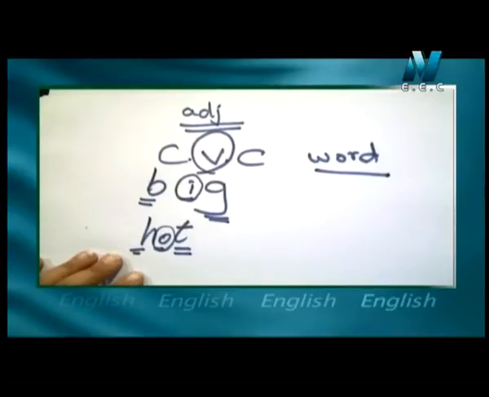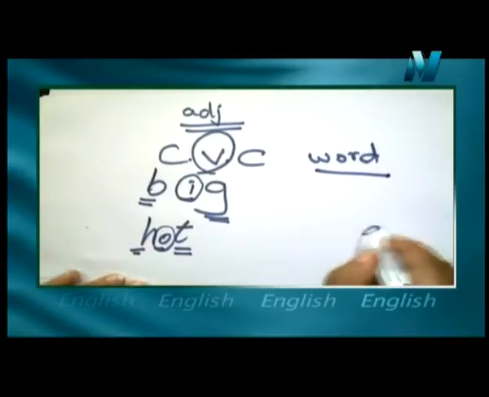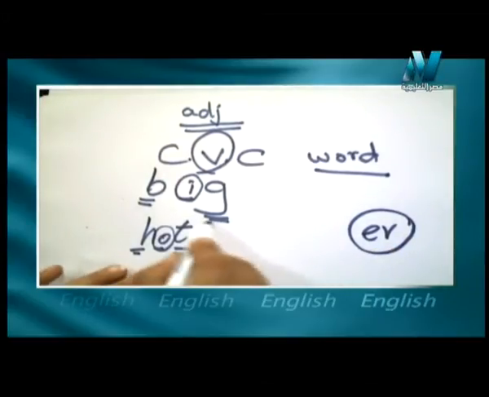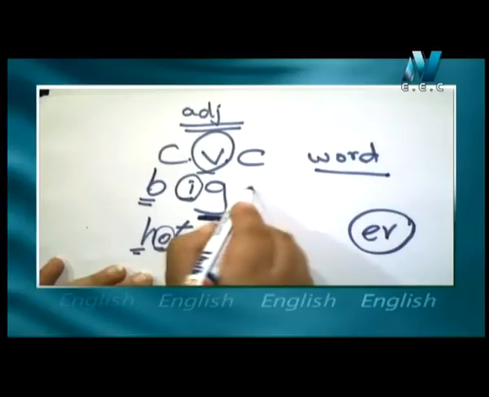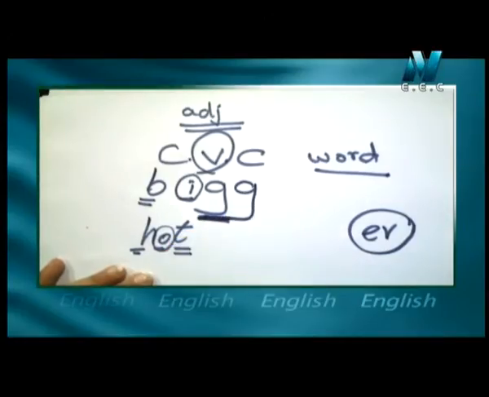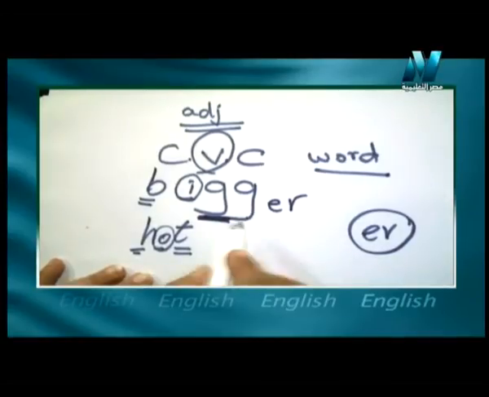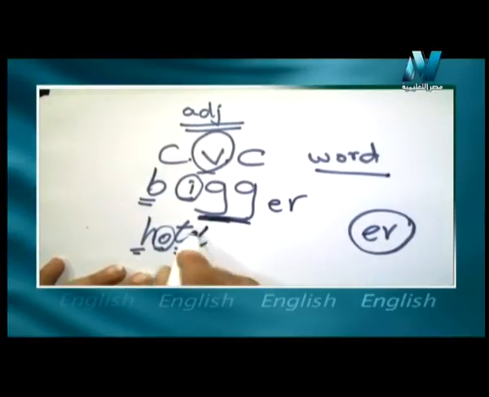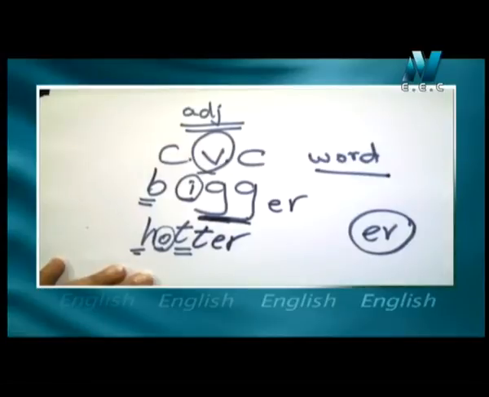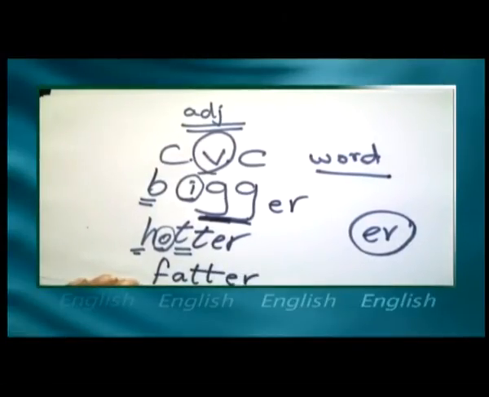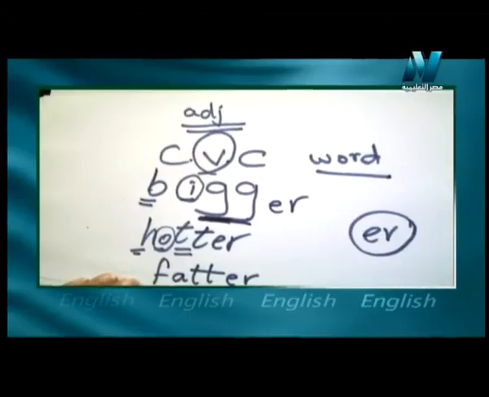What shall I do? Before I put the ER, I will write the last letter twice. I will put G and G, then the ER. Bigger. I will double it. Hotter. Fatter. Double T, because it's a CVC word.